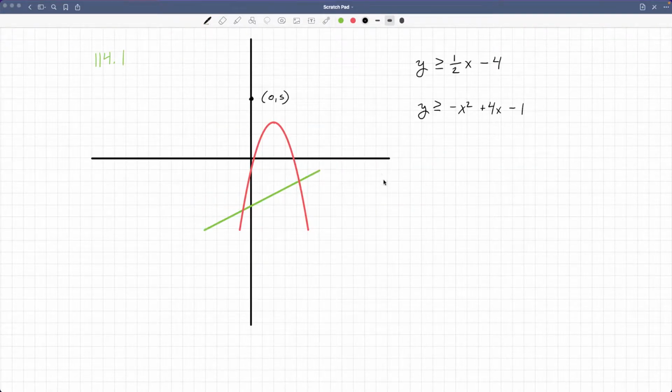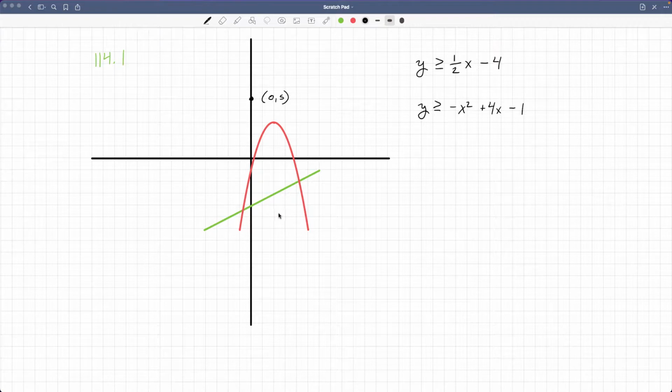All right, here in example problem 114.1, we have a line, which is the green line here, that is y is greater than or equal to 1/2 x minus 4, and we have a parabola that is y is greater than or equal to negative x squared plus 4x minus 1.